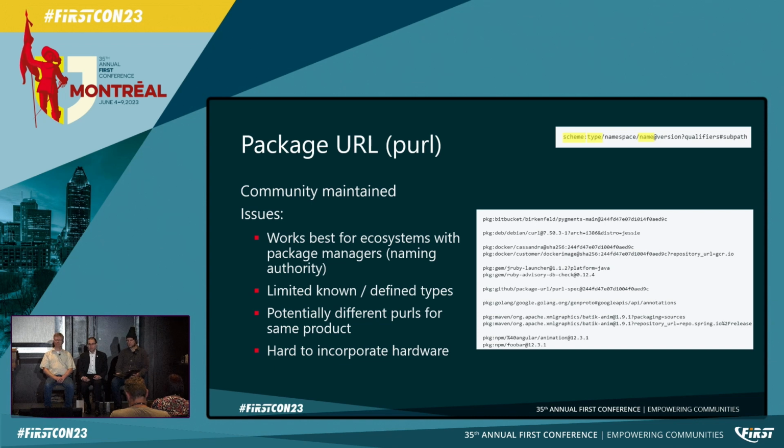You can come up with your own types, but there you have the naming problem as well, since when you come up with the type, which is mandatory, you now have to know that it's not a conflict with somebody else coming up with a type named exactly the same, since what counts as the same software is potentially also an author opinion that somebody else can have. Depending on where we got the software from, you might have different PURLs for the same product. So it's not really a bidirectional unique identifier. And it's kind of hard to incorporate hardware in PURLs.